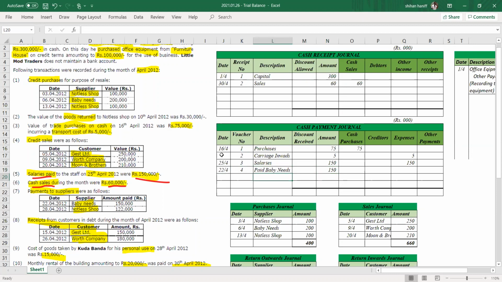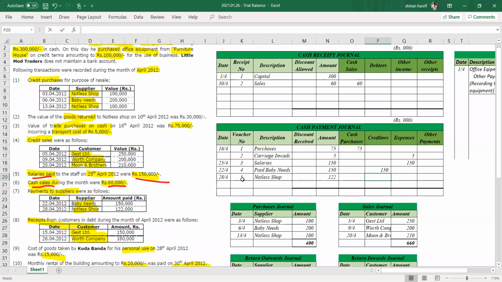Actually, you can write it according to the dates, okay? 28th April, plus shop 122.